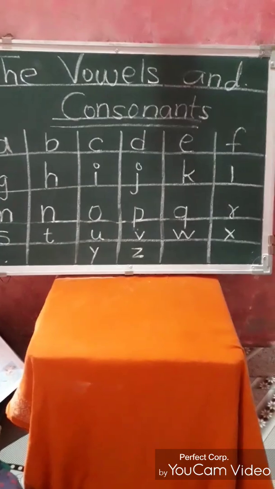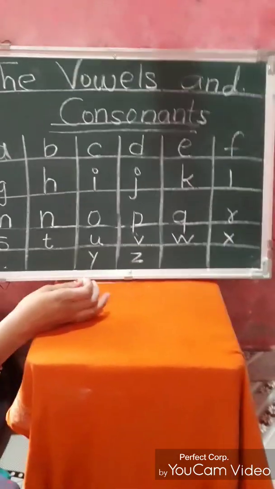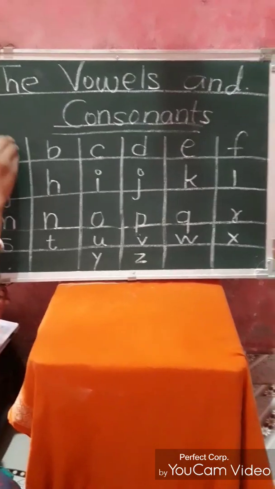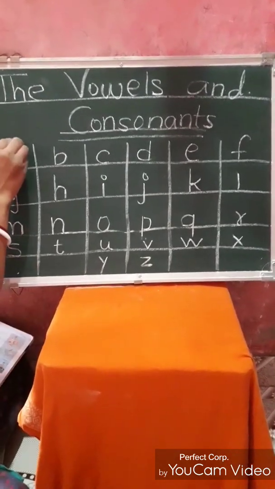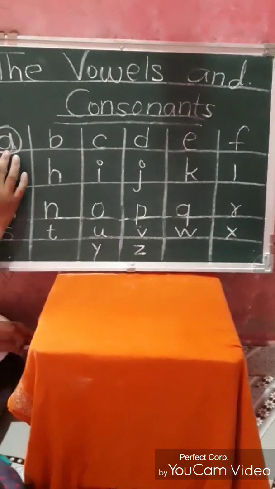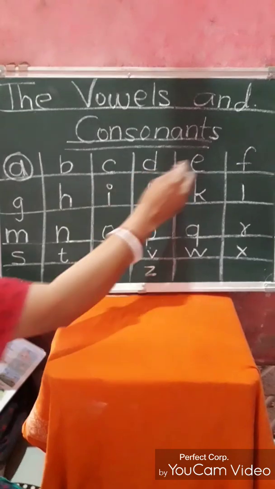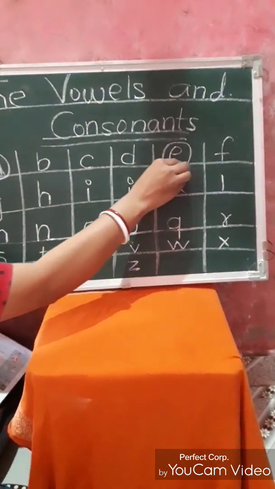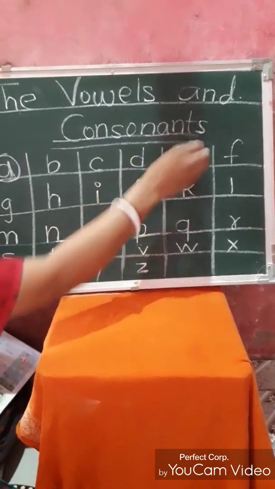So on the basis of our knowledge, we know that A is the first letter of the vowels. So we will circle it to indicate it. A is the first letter of the vowels. Okay, A after D, E. E is the second letter of the vowels.